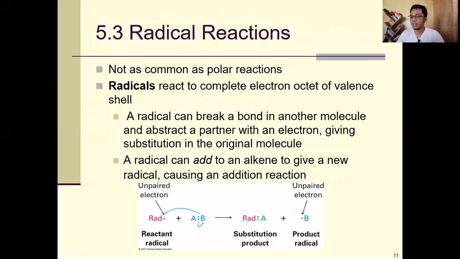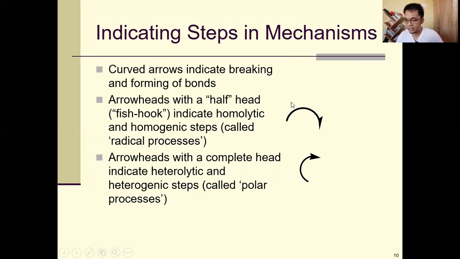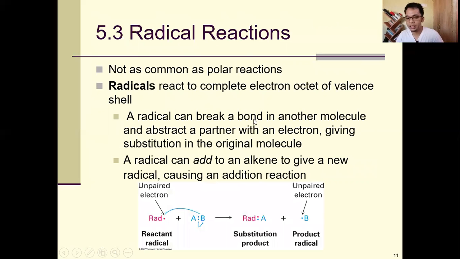So, sa ating radical reactions, guys, which involves a single-headed arrow or half-head arrow, ang common na nangyayari doon is a radical reaction. And usually, ang radical reactions natin, our single-headed arrow, ay nangyayari lamang sa ating alkane with the presence of light, since alkane is an unreactive functional group in our families of carbon compounds here.